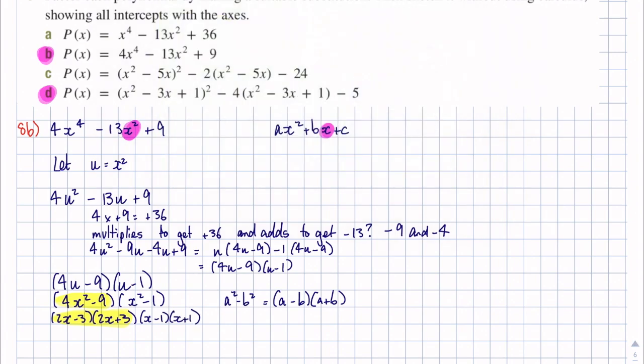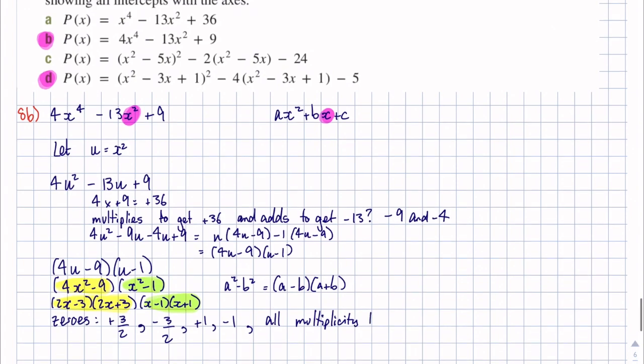So I'm going to do that in green. So that became that. And finally, I've factorised. So my zeros are positive 3 on 2, negative 3 on 2, positive 1, negative 1, and they're all multiplicity 1.